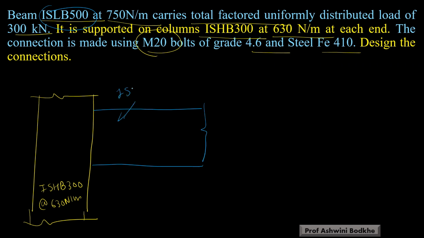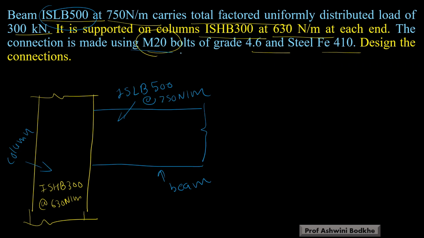Beam size is ISLB, Indian Standard Lightweight Beam 500 at the rate 750 Newton per meter. This one is beam, and here is column.